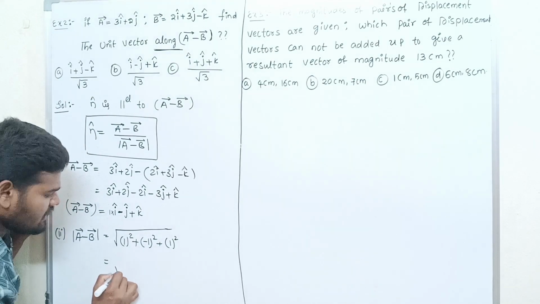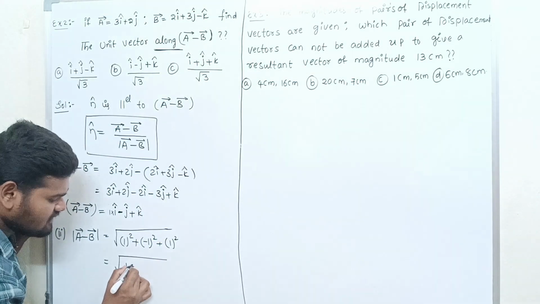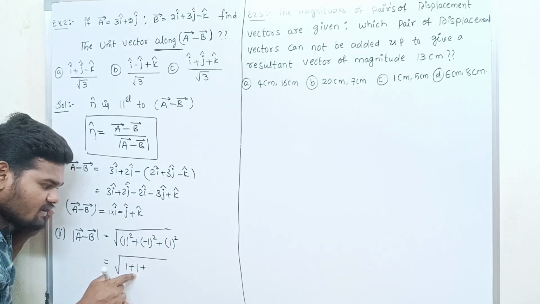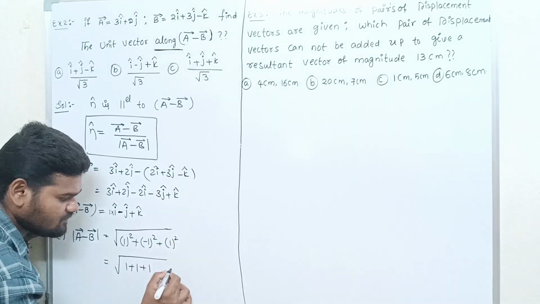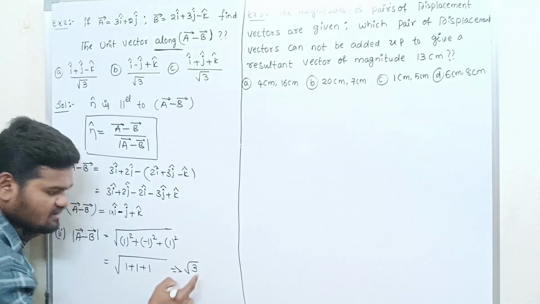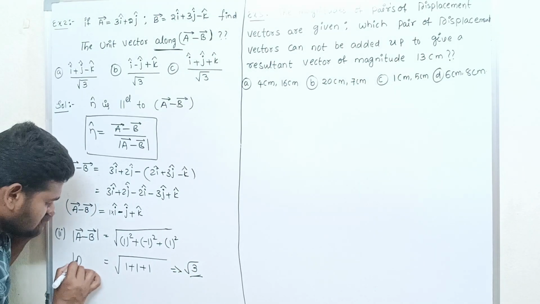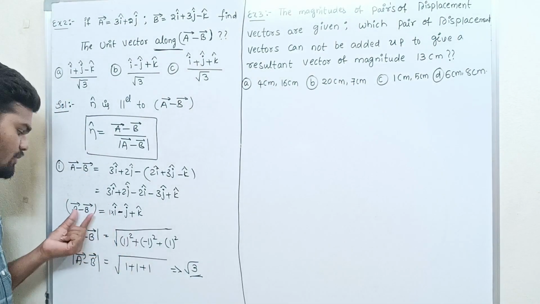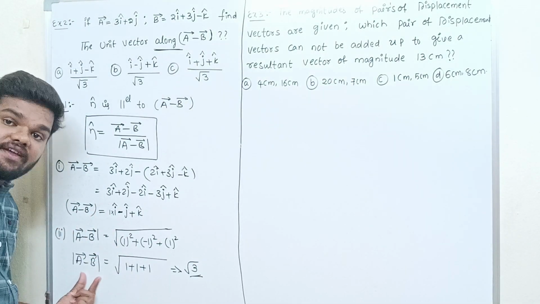So that is equal to under root of 1 square plus -1 whole square plus 1 square. So we have 1 plus 1 plus 1, that is 3. So root 3. So the magnitude of a bar minus b bar is root 3.